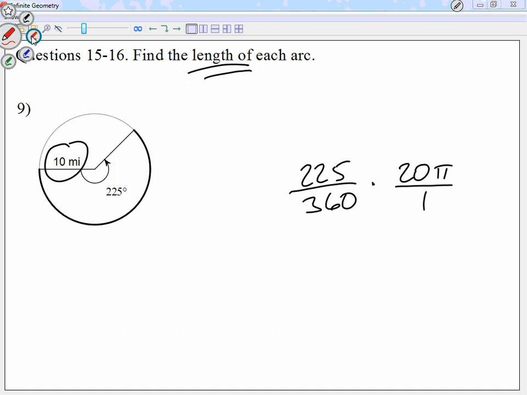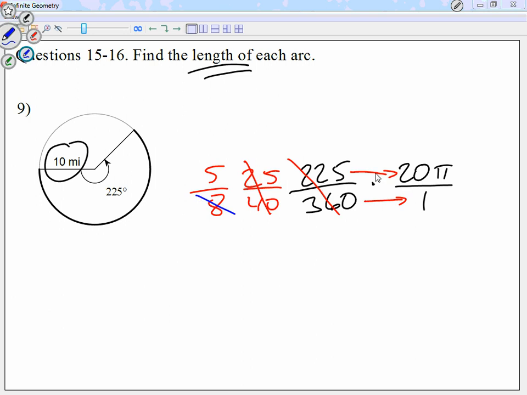And just like the previous question, we multiply straight. So that's the only way we cannot simplify. So 225 over 360, let me divide each by 9 to begin with. So I have 25 over 40. Let me simplify by 5 to make this even better. So I have 5 over 8.